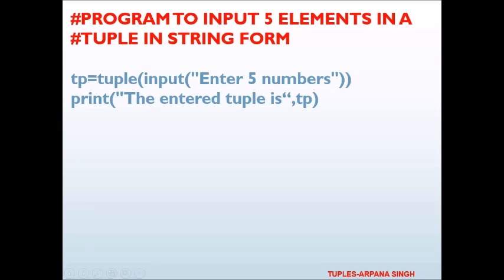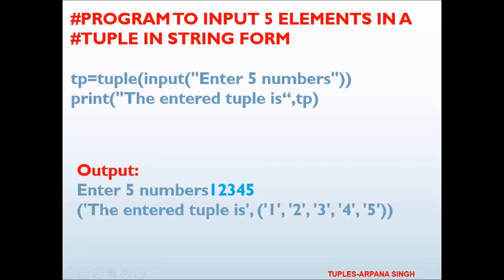When you print tp, you will get the tuple. Suppose you have entered 1, 2, 3, 4, 5 all together, then when you print it, it will print the elements in the form of a tuple, that is all the numbers separated with commas, and it will consider all the elements as string values, so they will all be enclosed within single quotes.